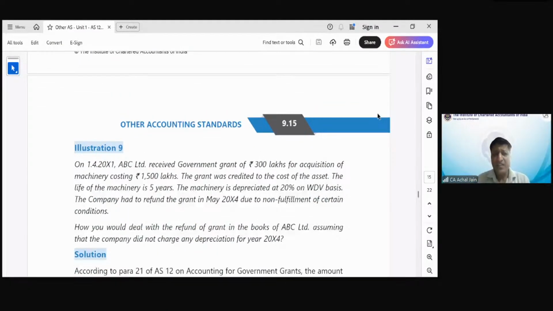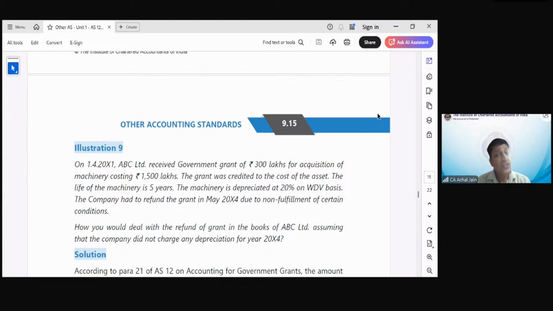On 1st April X1, ABC received government grant of 300 lakhs. This was for acquisition of machinery of 1500 lakhs. Grant was credited to cost of the asset, means reduce the value of the asset. Life of the machine is 5 years. Machine is depreciated at 20% on WDV basis. Company had to refund the grant in May X4. So X1, X2, X3, X4.